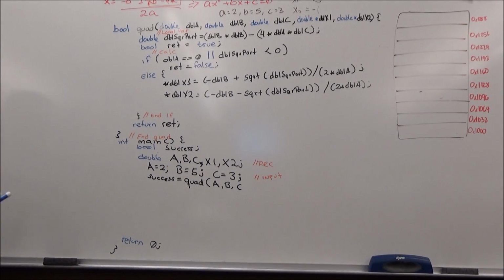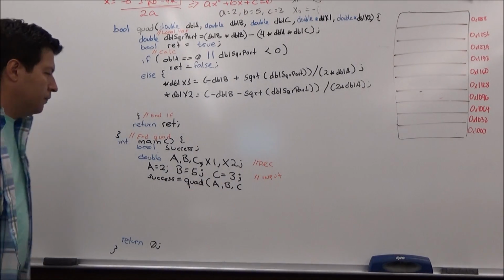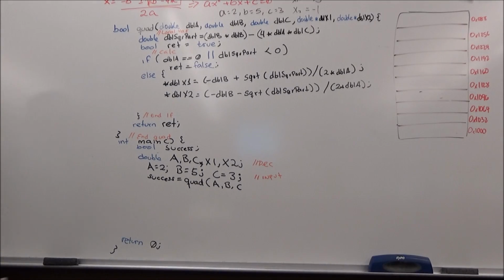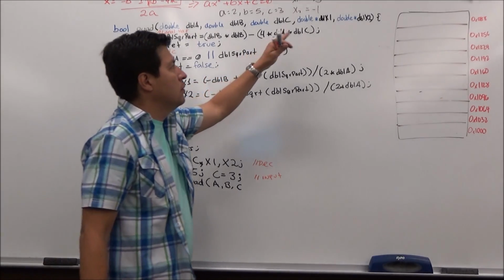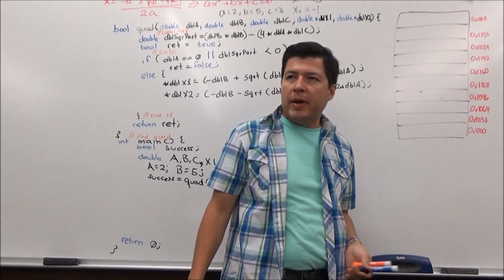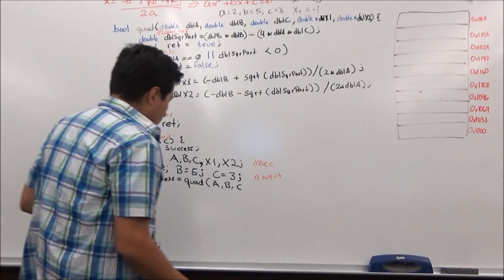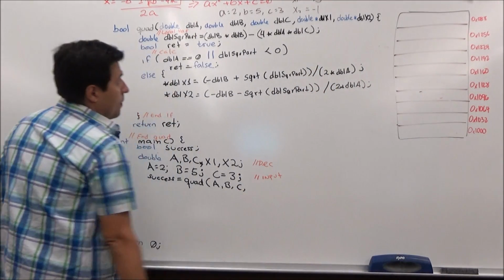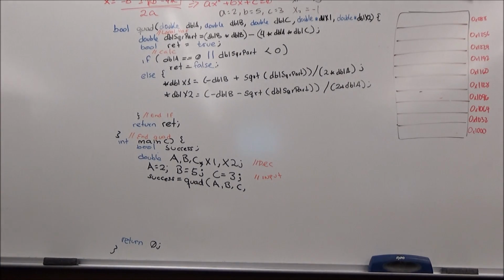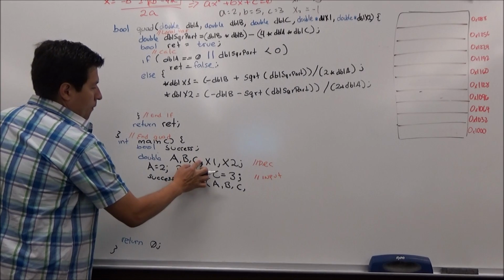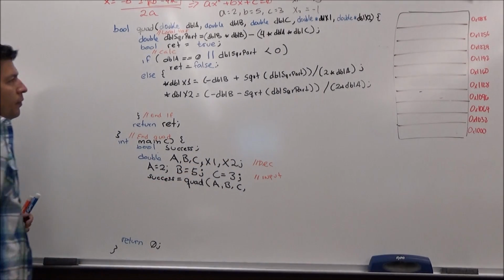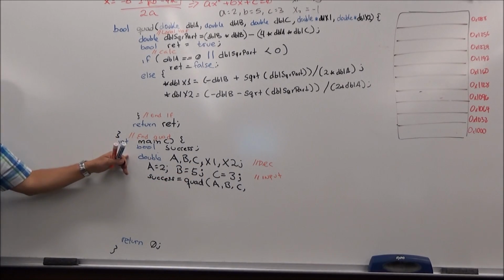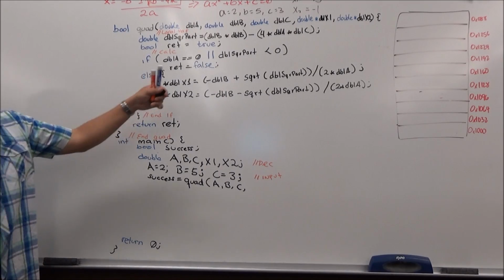I could even hard code the numbers here. But then the next two parameters, also known as out parameters, they are pointers. So I didn't declare any pointers here, but it's expecting pointers there.